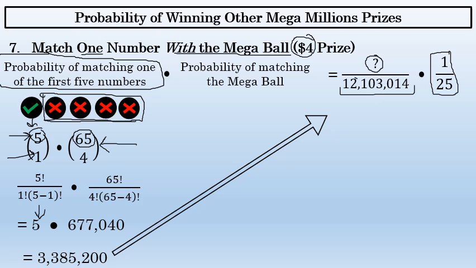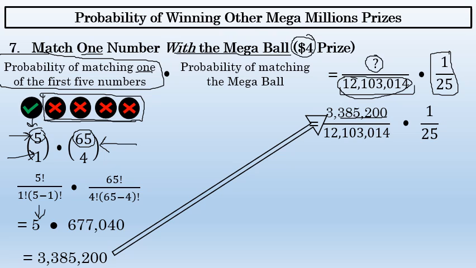Of the 12,103,014 ways those first five numbers can be drawn, 3,385,200 ways result in one number matching and 4 numbers not matching. This is the probability after those first 5 numbers are drawn that exactly one is matched, where order is not important. Multiplying that by the 1 in 25 probability of matching the mega ball yields 1 in 89.38.